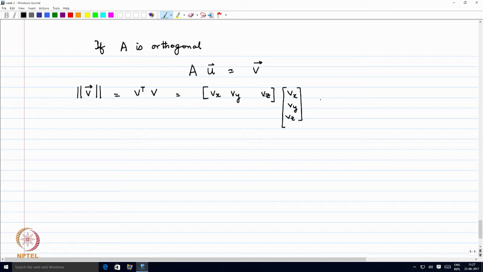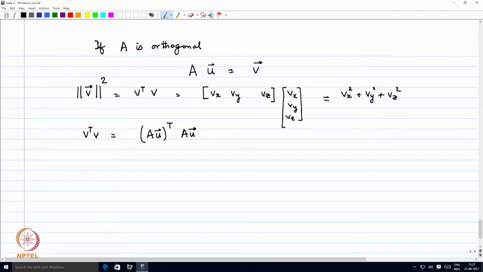And if you take the usual matrix product, this is just V x square plus V y square plus V z square. So this is norm of V square. Now suppose I take V transpose V. That is A u, the whole thing transpose, times A u.